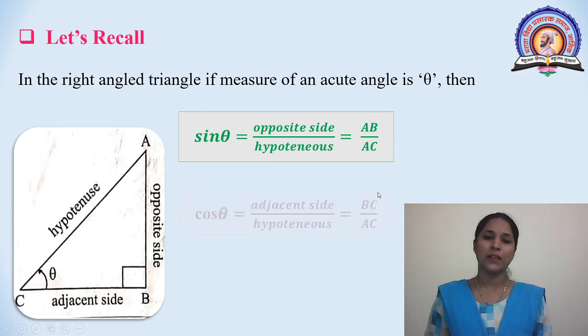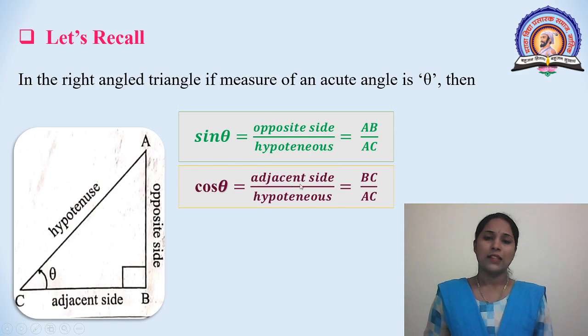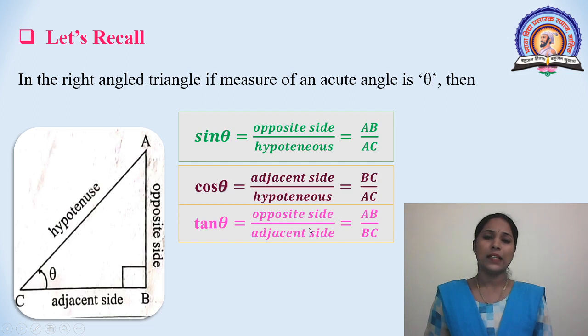Now cos theta is adjacent side divided by hypotenuse. Here adjacent side is BC divided by hypotenuse AC, that is BC divided by AC. Now tan theta is equal to opposite side divided by adjacent side, that is AB divided by BC. Here opposite side is AB, adjacent side is BC.